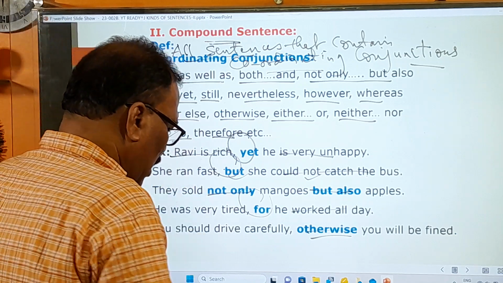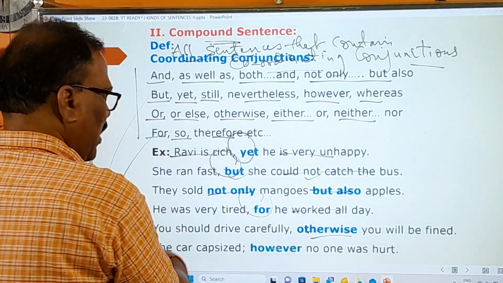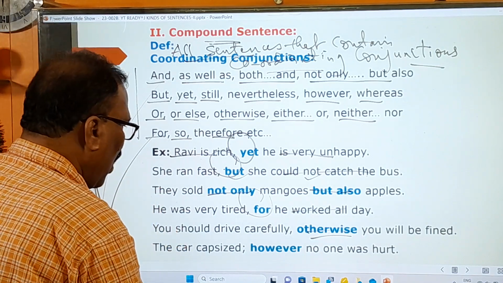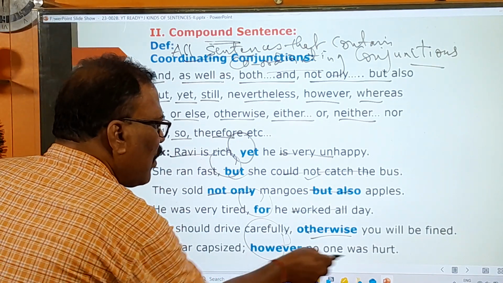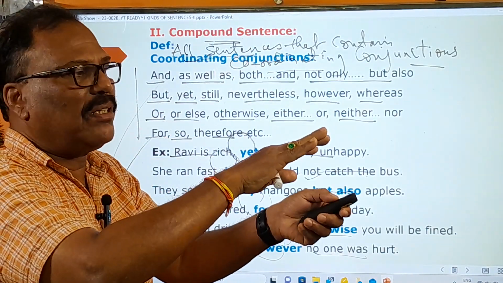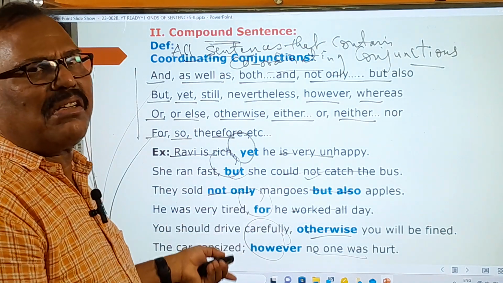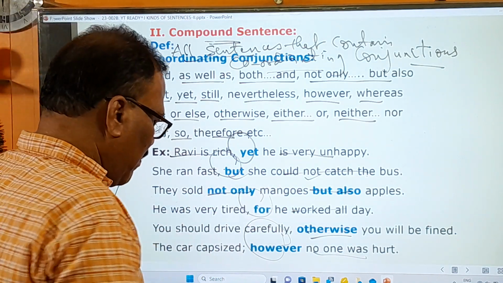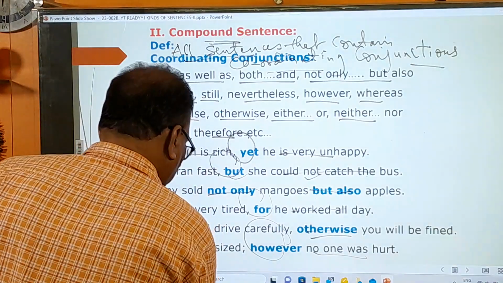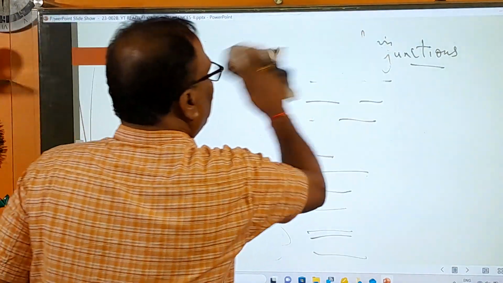Here one more example is there: The car capsized, however, no one was hurt. Capsized means it turned upside down, however, no one was hurt. So we go to the next kind of sentences.